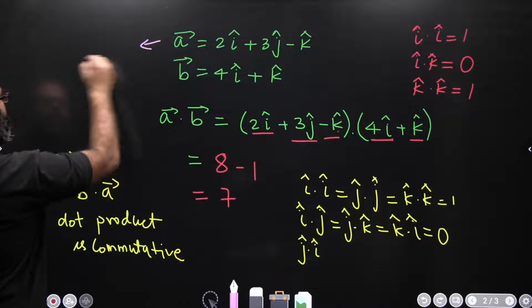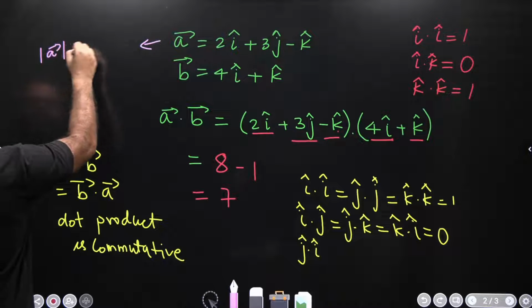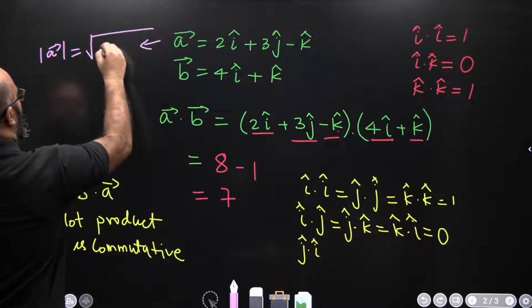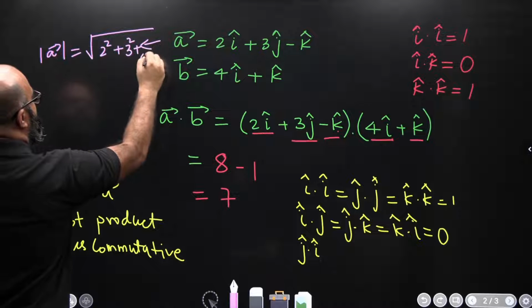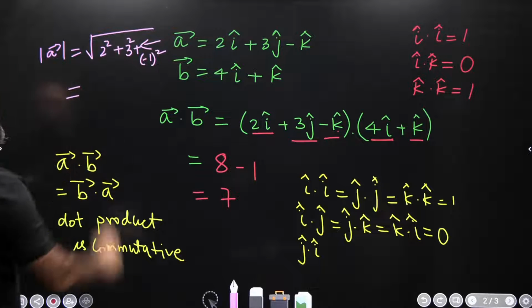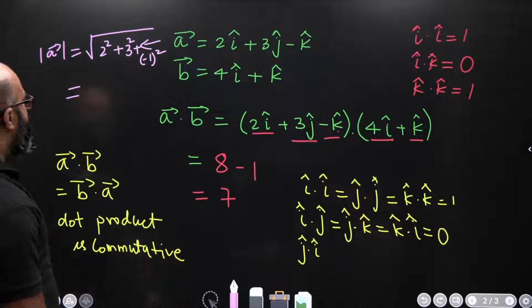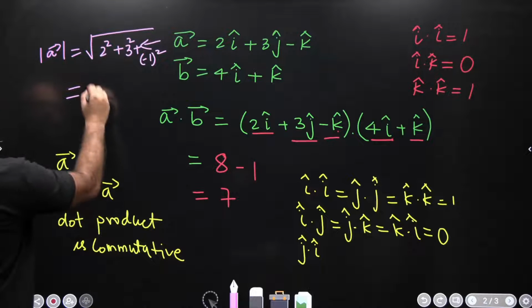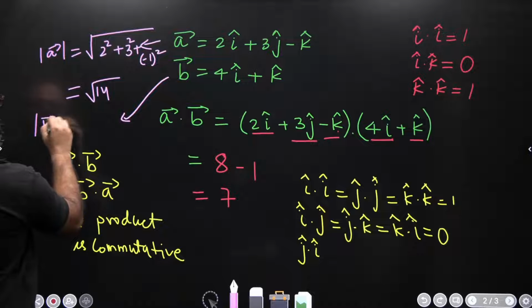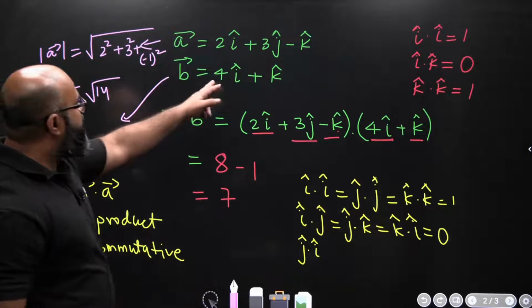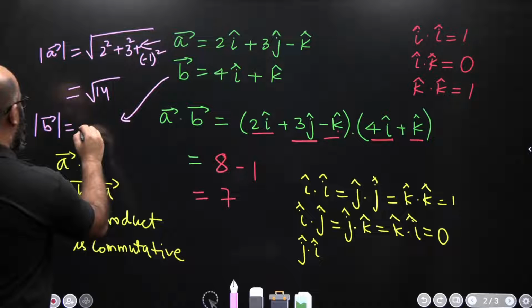So mod A is equal to root over 2 square plus 3 square plus minus 1 square. So it would become 4 plus 9, 13, plus 1, 14. So root over 14. What about mod B? Mod B is equal to root over 16 plus 1, that is root over 17.